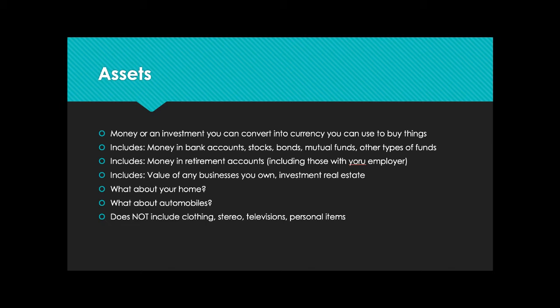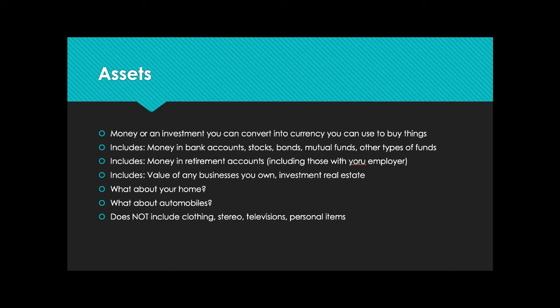So this will include things like, obviously, money in bank accounts, money in stocks and bonds, mutual funds or ETFs, or other types of investment fund vehicles. It will also include money in retirement accounts, including those with your employer. And it will include the value of any businesses you own, any investment real estate, any kinds of assets that you could liquidate into currency to buy things that you want and need.